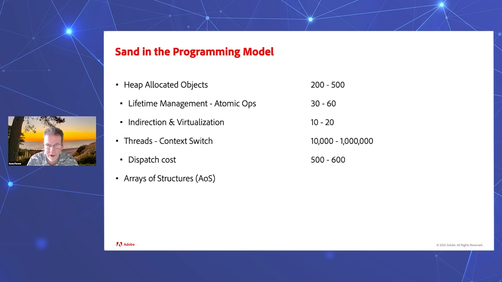Our languages are biased around structuring data in arrays of structures. What this means is, let's say I've got a struct or a class. It's got a number of members in it, and I want to store that in an array, or say a vector, or any kind of dynamic array. The way that's going to be structured is just a sequence of those structures in the array.